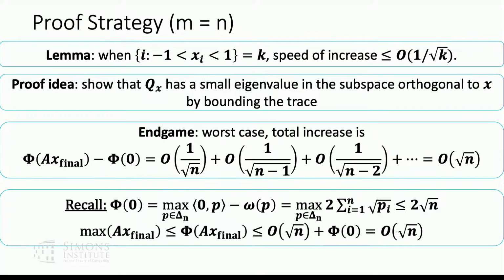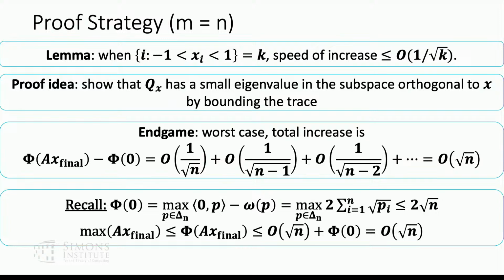This just gets maximized when p is uniform and charges me exactly 2 times square root n. So combining these two facts, the bound on phi at initialization plus the bound on the total increase in phi over the course of my algorithm, I managed to show that by the end, the value of my final phi, which upper bounds the maximum of Ax, is going to be at most order root n. And that's it.